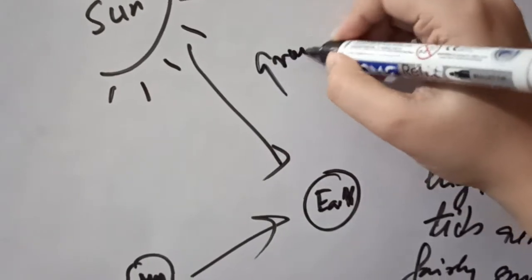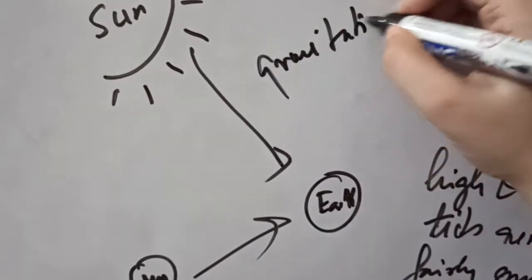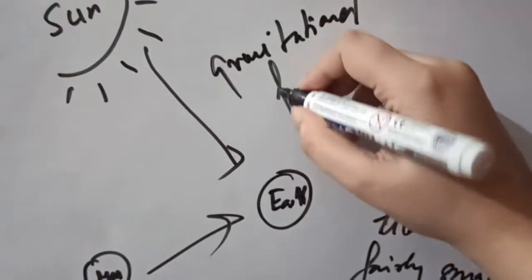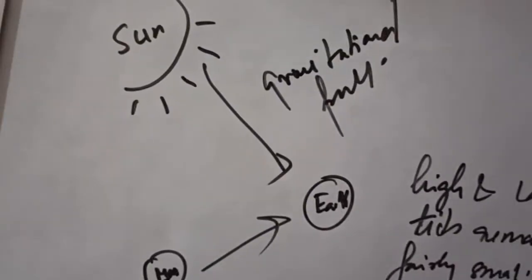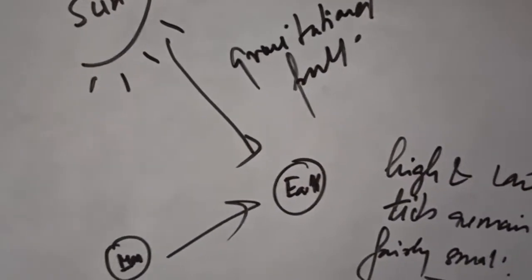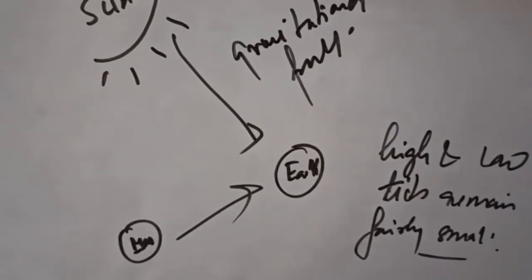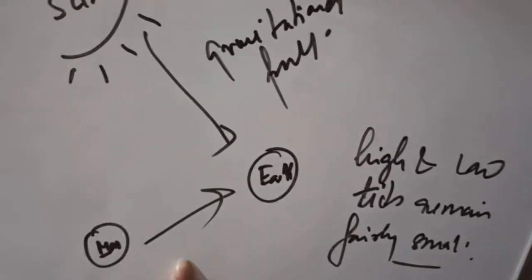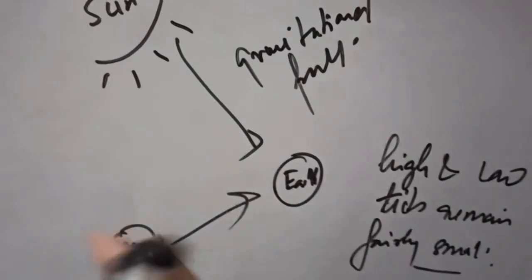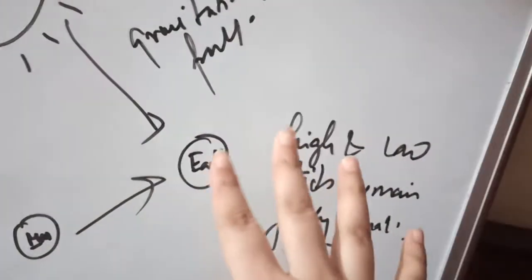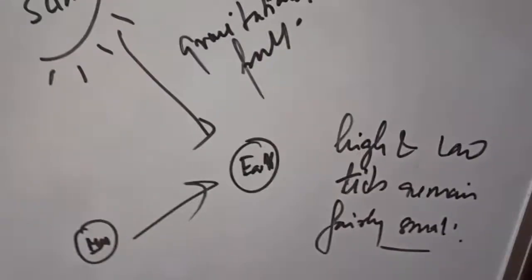The gravitational pull of the sun opposes the gravitational pull of the moon, and as a result weak tides are produced, and the difference between the high tide and the low tide remains fairly small.